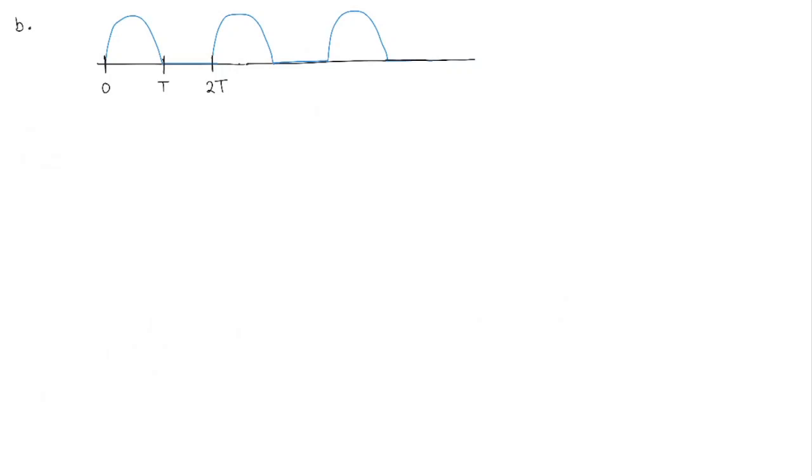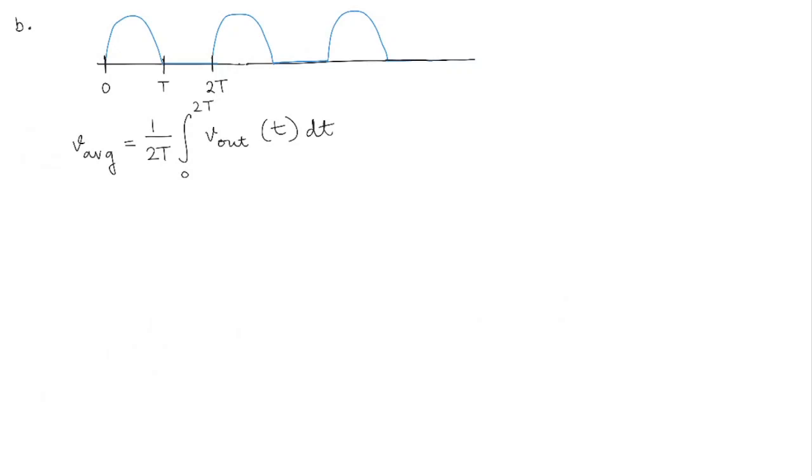So how do we find the average of the signal? If you remember from your calculus, V average is equal to the integration from 0 to 2t of V out of t, divided by 2t. So this is what we want to calculate.